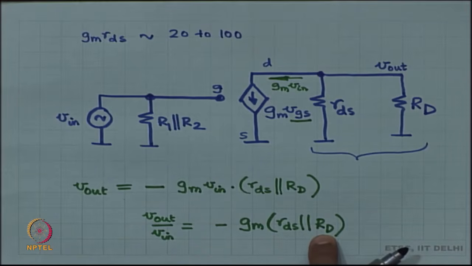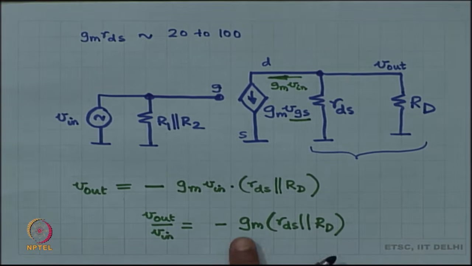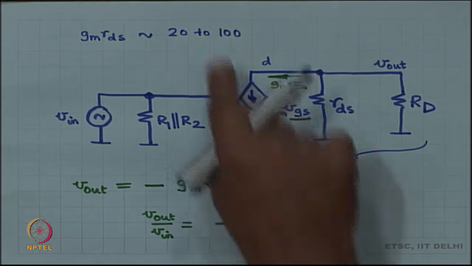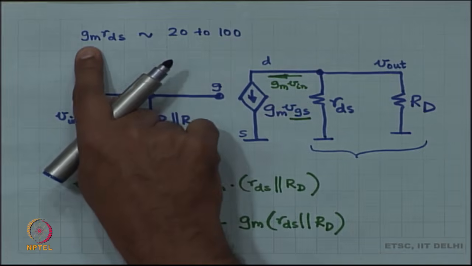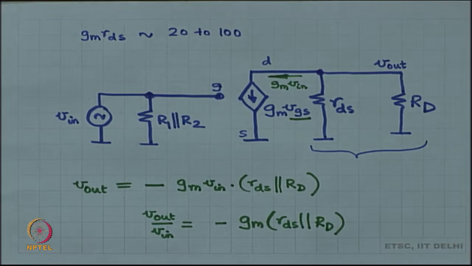If RD is infinite, then you get minus GM times RDS, otherwise you get something lesser than that, which means that your gain is at max equal to minus GM RDS. According to how good a MOSFET you have used, you will get a gain between minus 20 and minus 100, or less than that, because you finally have RD in parallel.